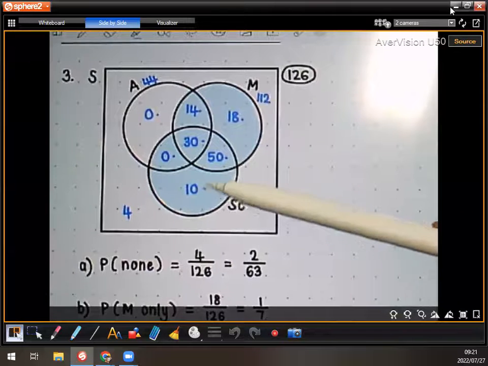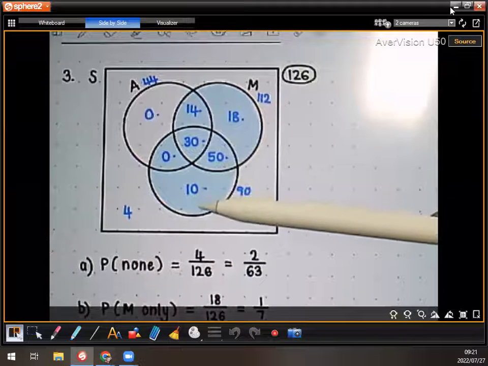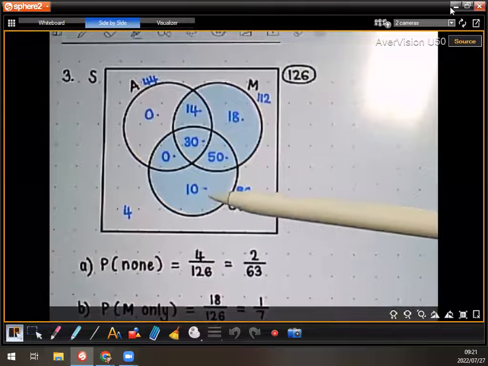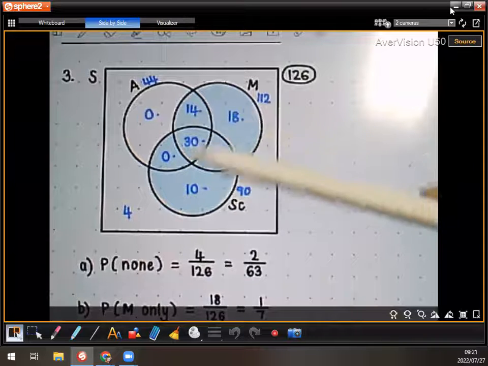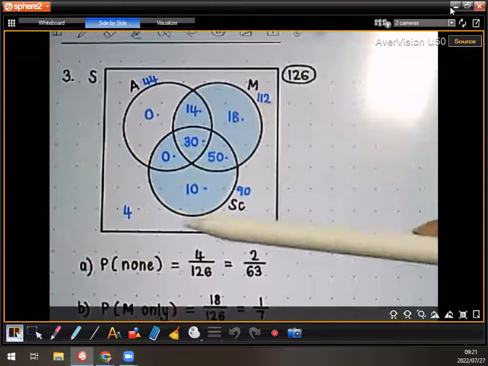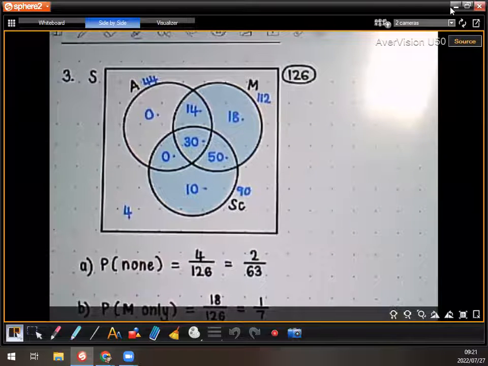So these people that do just science and not maths, they do maths or science, right? They do science. So whenever it's an or question, you have to take all of the values in both of those circles and add them together, because or includes all of them. Even the overlap.